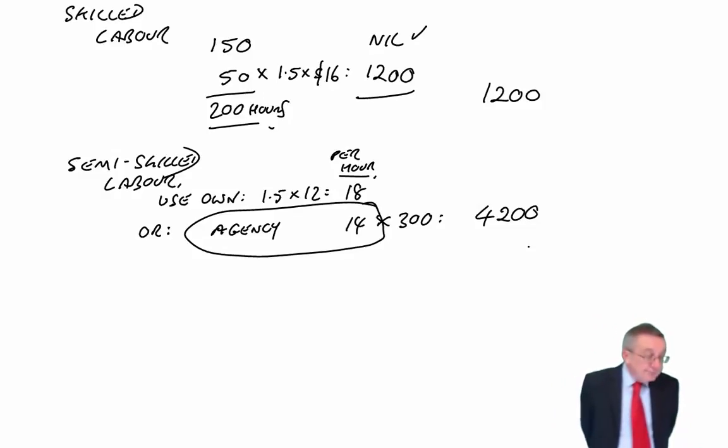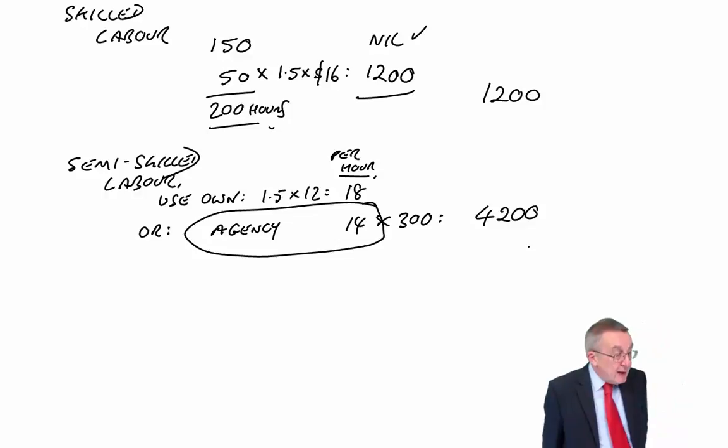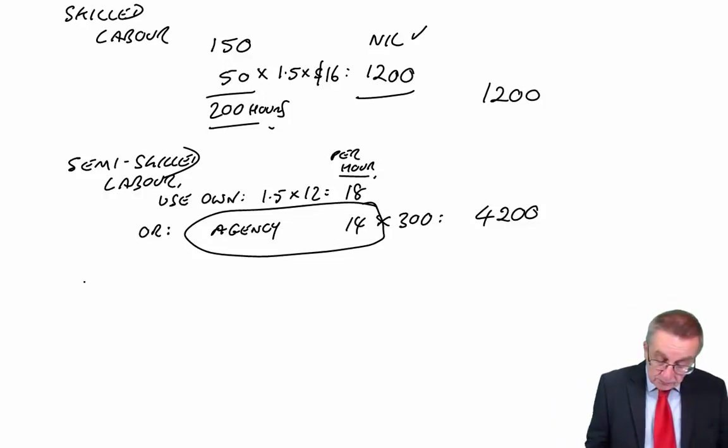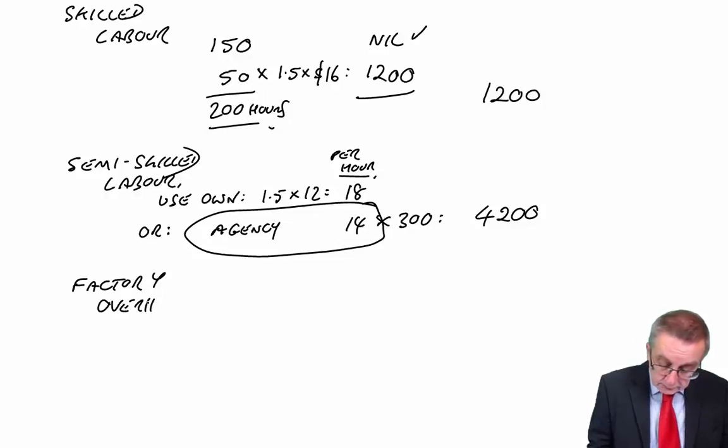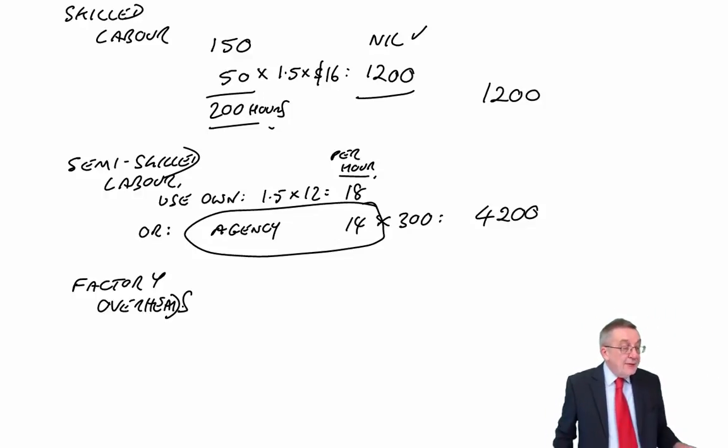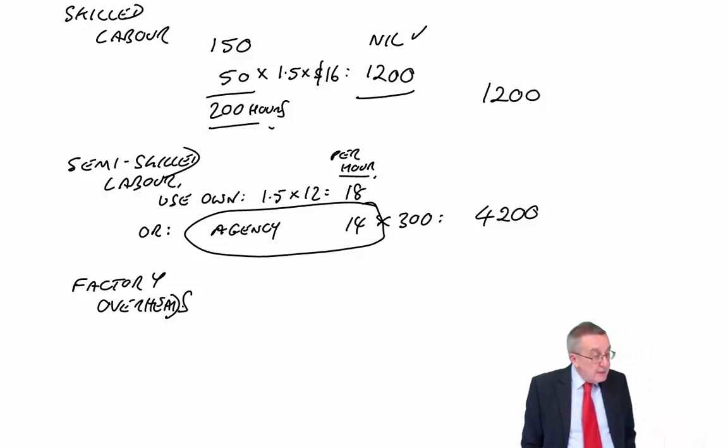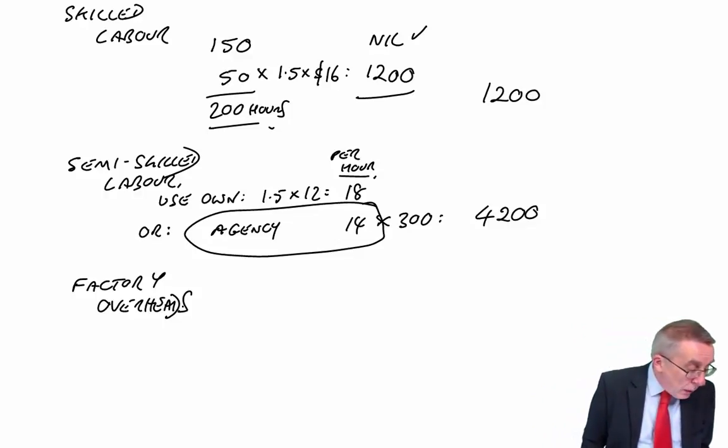Nearly there. Factory overheads. It's got their 500 hours at $3 an hour, so they've been absorbing them. But anyway, what does note 5 say?